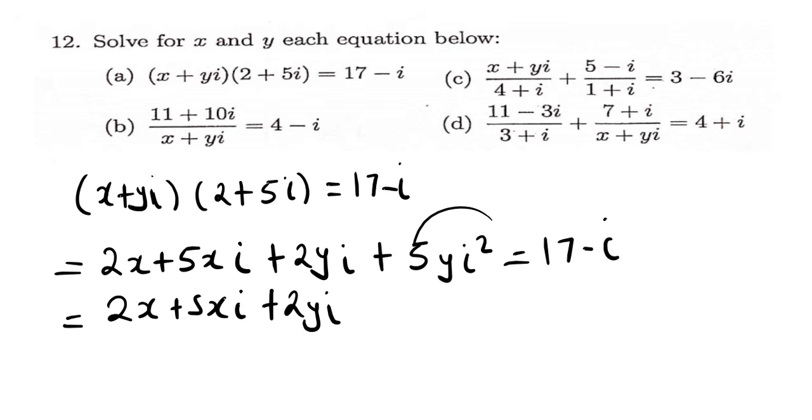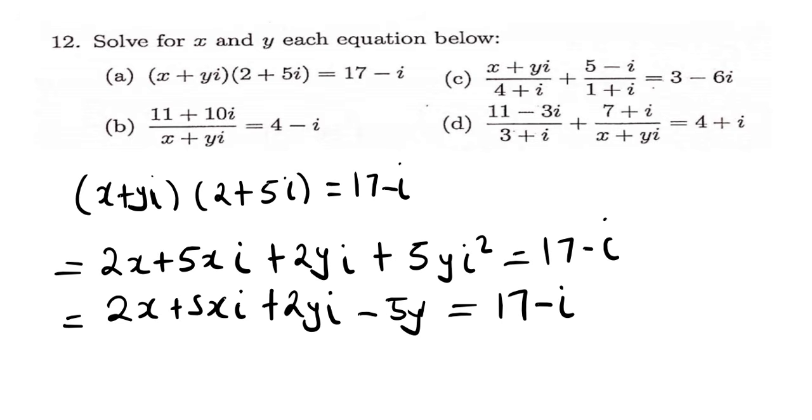Then the 5yi squared, you know i squared is negative, so it will be negative 5y, is equal to 17 minus i. Is there anything else we can simplify from this equation?